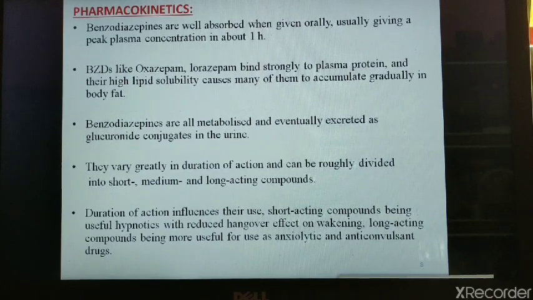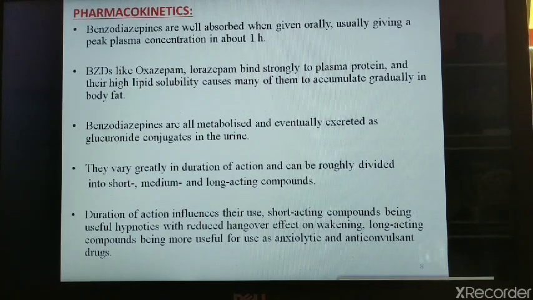They are metabolized and secreted as glucuronide conjugates in the urine. They vary in their duration of action and may be divided into ultra-short, short, medium and long-acting compounds, as we have already seen in our previous slide.